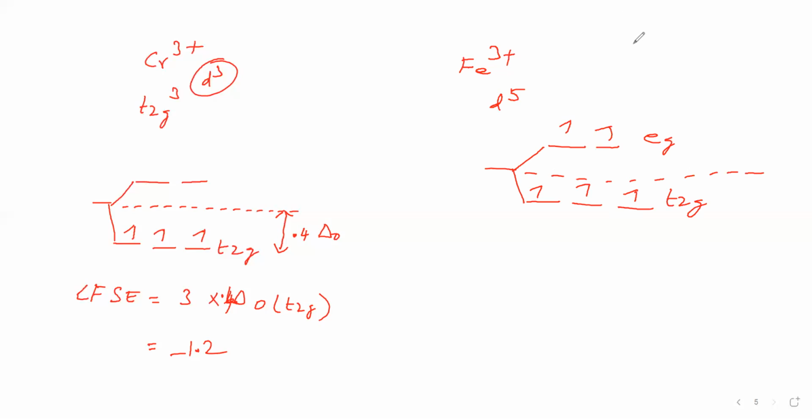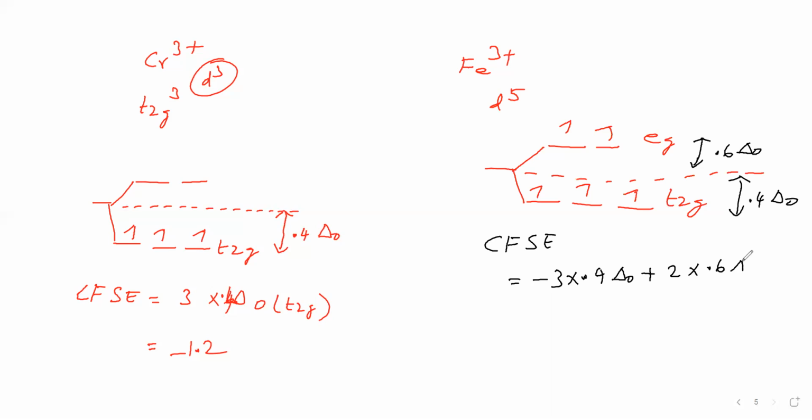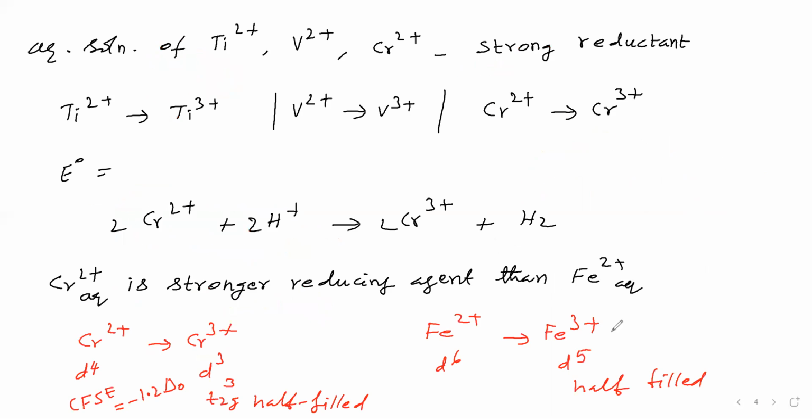This one is 0.4 delta naught and this is 0.6 delta naught. So the crystal field stabilization energy is equal to minus 3 electrons into 0.4 delta naught plus 2 electrons into 0.6 delta naught, which is 0. The crystal field stabilization energy is 0.